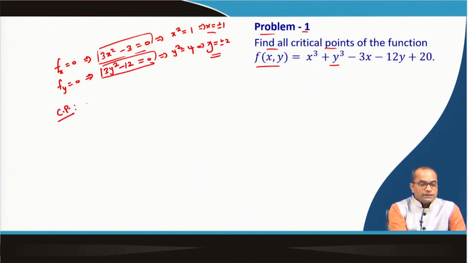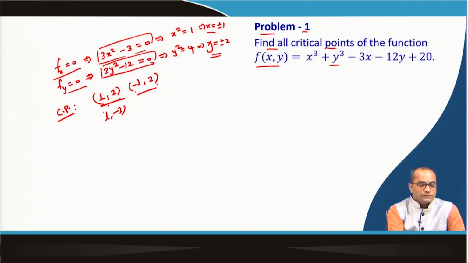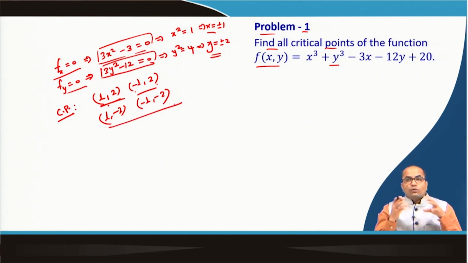The critical points are plus 1 and then from y I can take plus 2, then minus 1 and again plus 2. At all these points the derivatives will be 0: f_x will be 0 and f_y will be 0 at this point, minus 1, 2 also both will be 0, and then we can take 1 and minus 2, here also both the derivatives will be 0, and this minus 1 and minus 2 here also both the derivatives will be 0. So, all those points where both the derivatives are 0 are called the critical points.